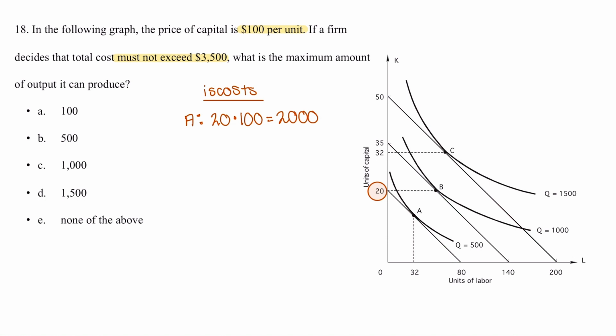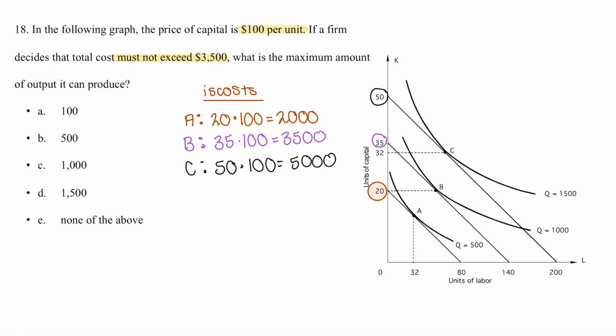B is 35 times 100, which is 3,500. And C is 50 times 100, which is 5,000.